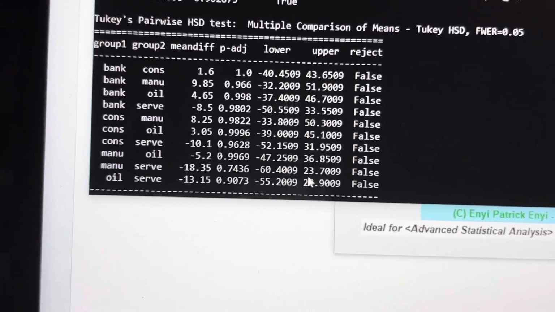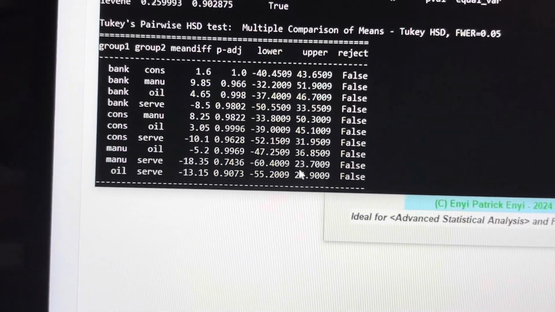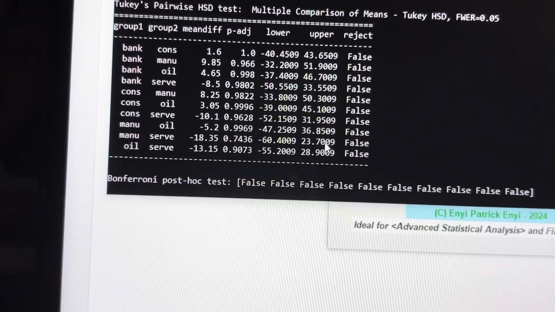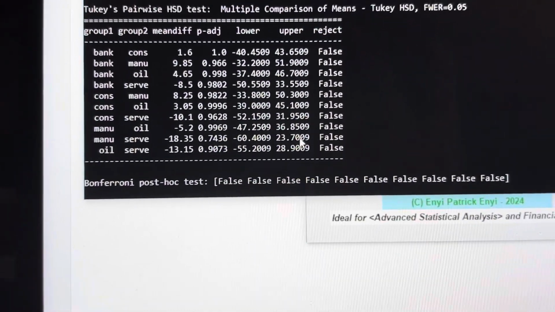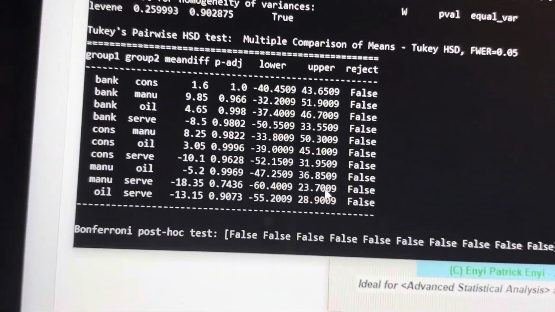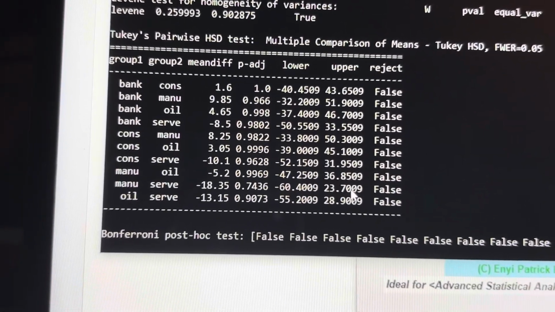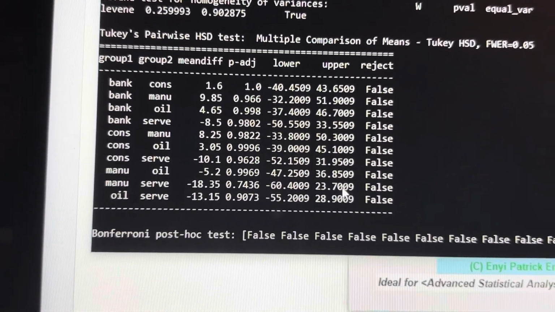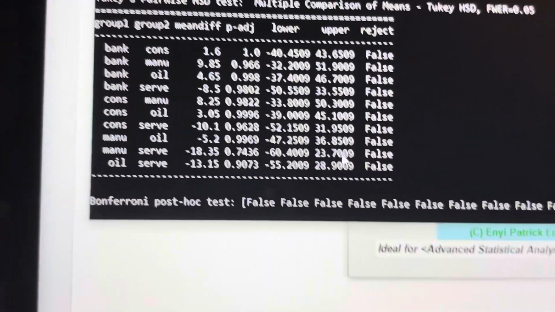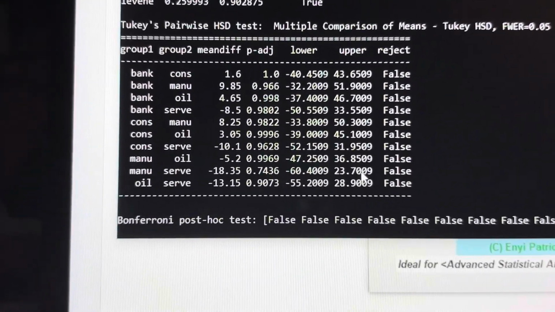And then the Tukey pairwise HSD tests, multiple comparison of means, and it's saying that we should not reject the null hypothesis. The null hypothesis is normally that the means are not equal, but now it says we should accept it that the means are not equal.